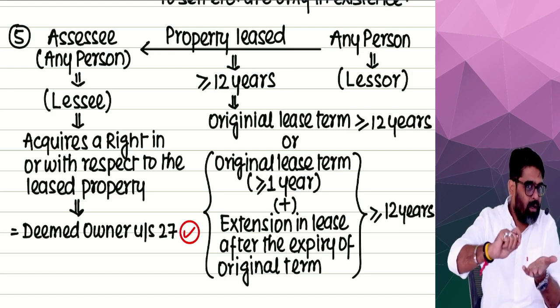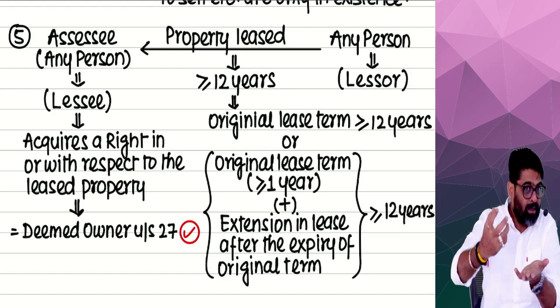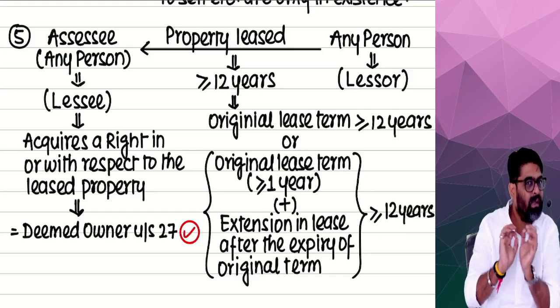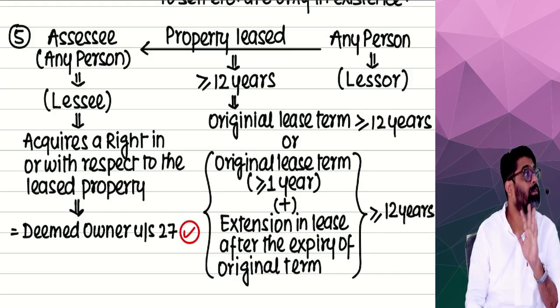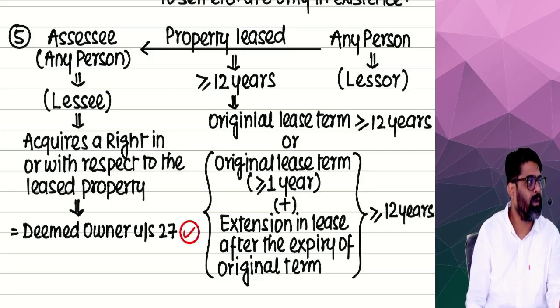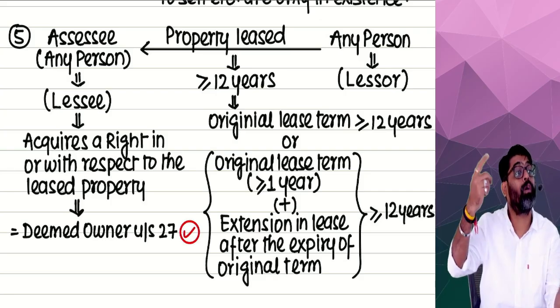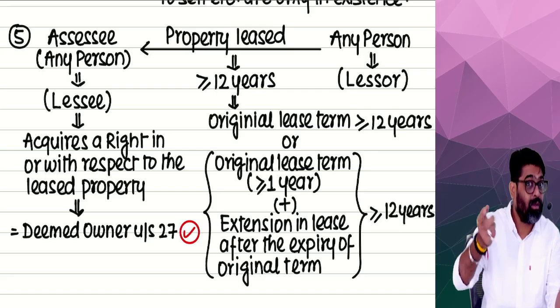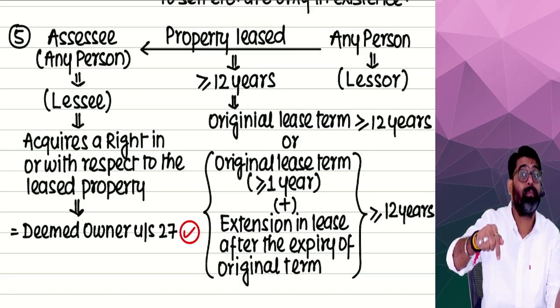So when we enter into the lease agreement, instead of writing 20 years, what if I write 10 years? And after the expiry of 10 years, this lease agreement can be renewed for another 10 years. That renewal is also mentioned in the lease agreement.